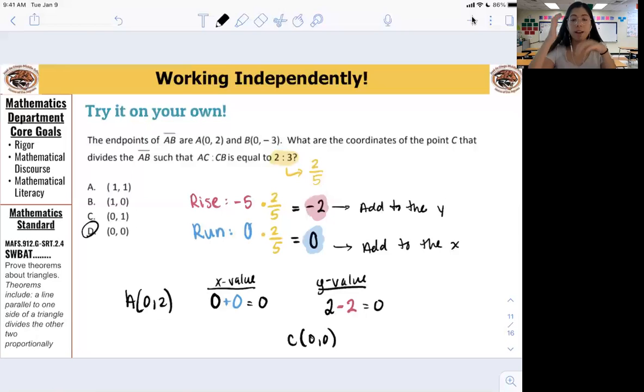I'm glad you're pointing that out, Jalen, and I appreciate you because that's something I definitely want to make sure we understand. Because with rise over run, you end up doing the rise first and then the run. It's really easy to switch up your x's and your y's, and you have to make sure that you are keeping track of those things. That's like the biggest and easiest mistake that we can make.